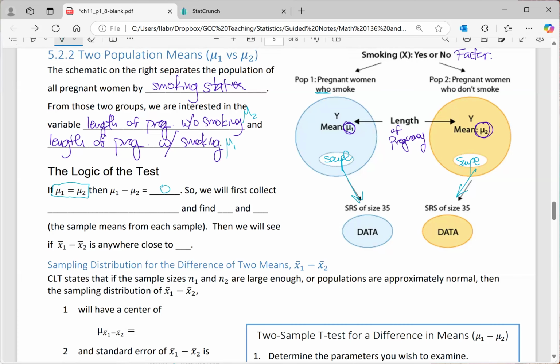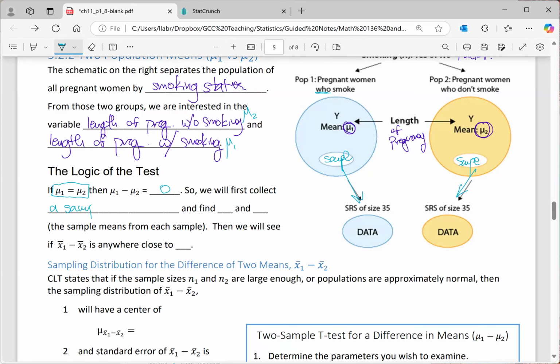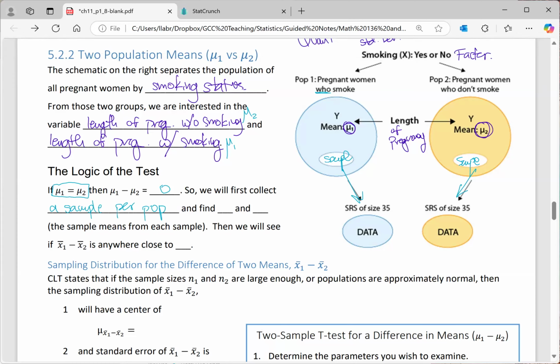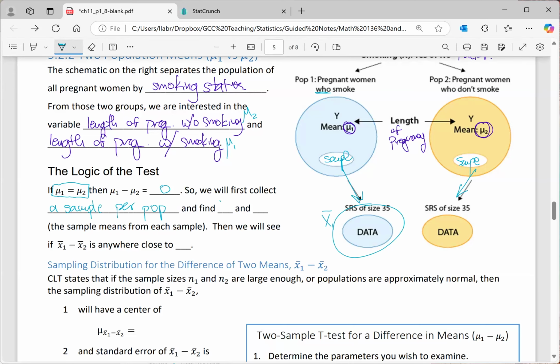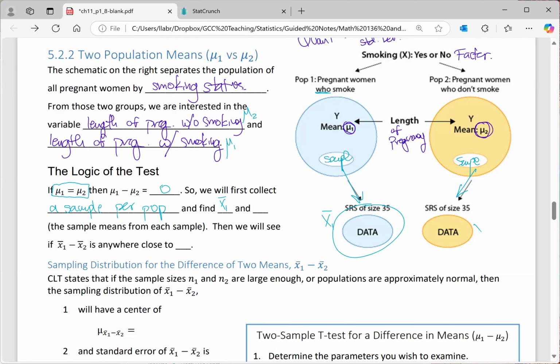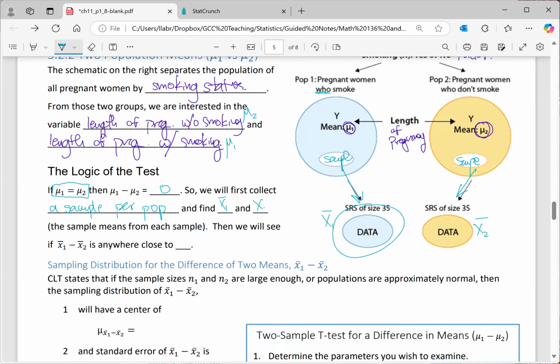Because I don't have access to the population, I'm first going to collect a sample from each population, so let's collect a sample per population and find the corresponding mean. If this is your sample, we can take a look at x1 bar and x2 bar.